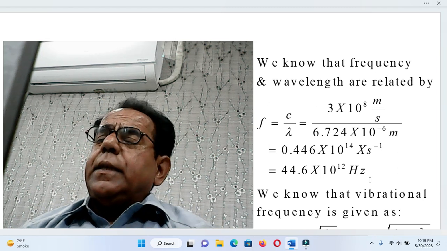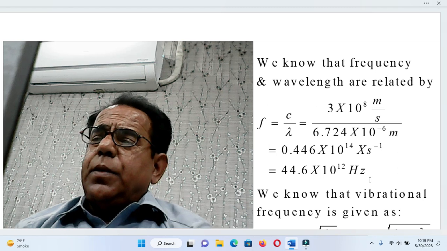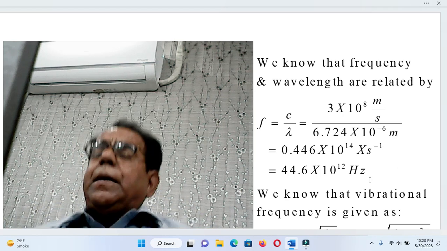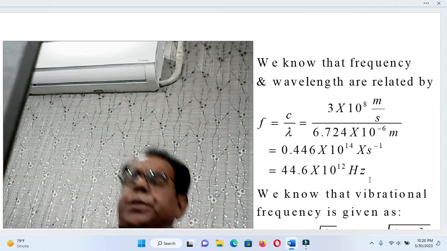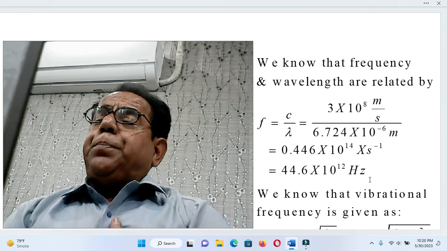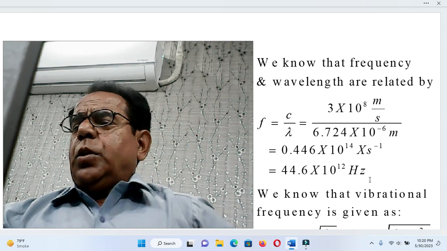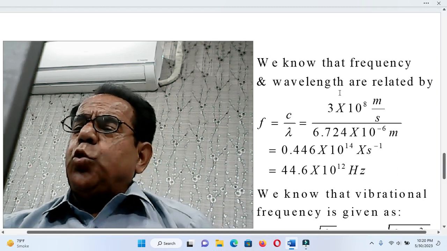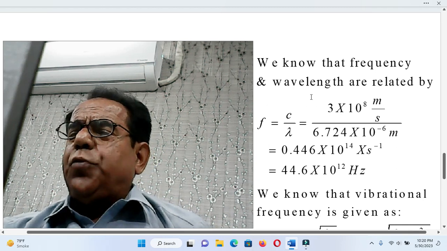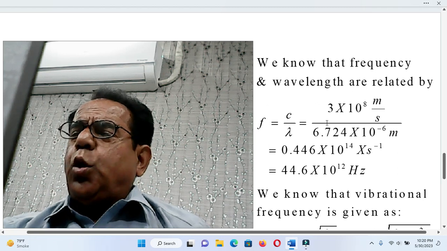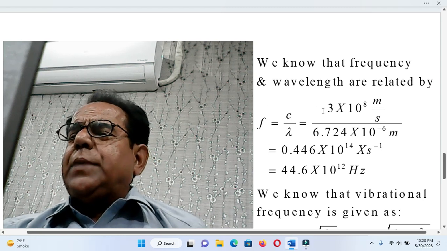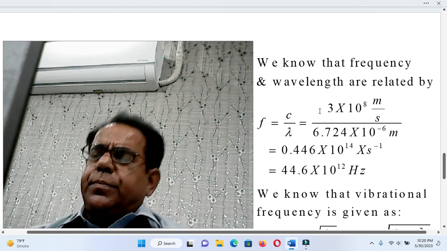Frequency f is equal to c over lambda. The value of c is known to almost everyone, and in the table which we have introduced in this problem, the value of c is also given. Divided by wavelength lambda, which is given in the problem statement. We have chosen one value from the table, but this value is so basic, so fundamental, so famous that we should not give reference to the table.